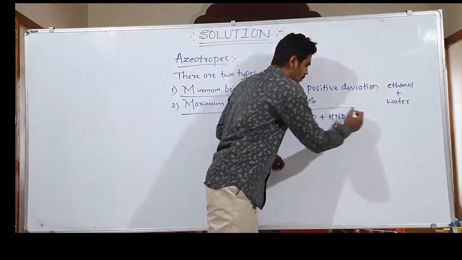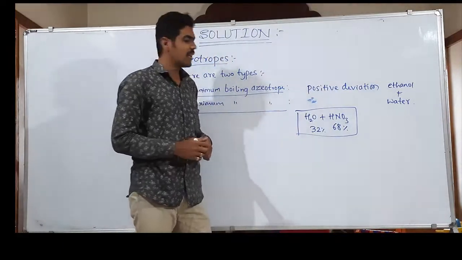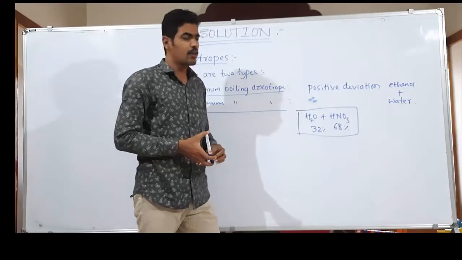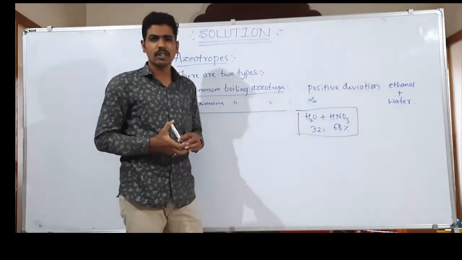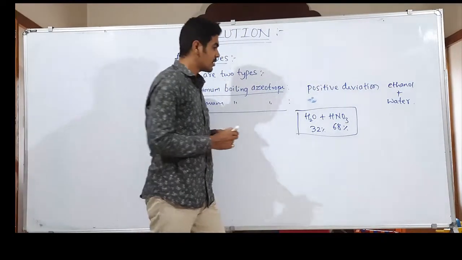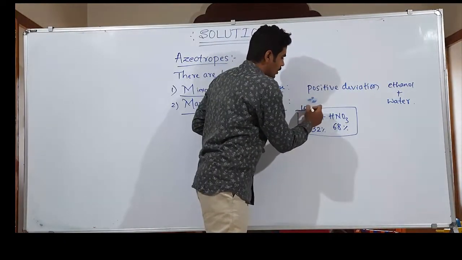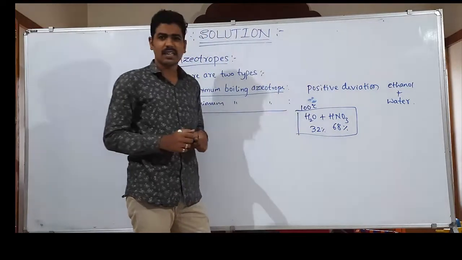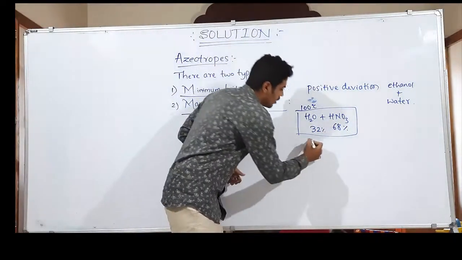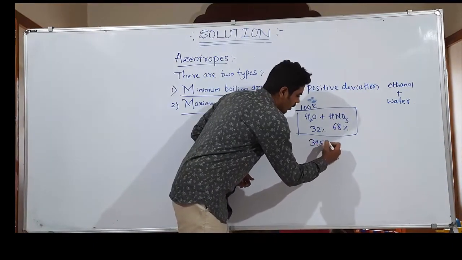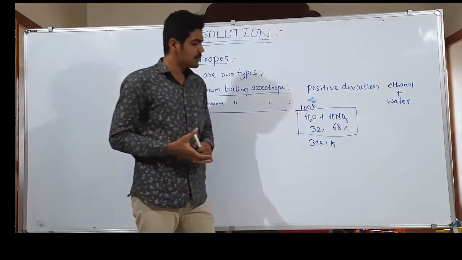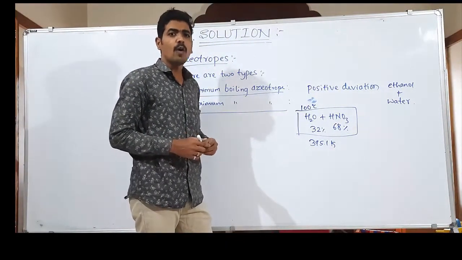So, when this composition has been reached, then the mixture will start to boil at a constant temperature. Both H2O and HNO3 will start to boil at a constant temperature. The boiling point of water is 100 degrees Celsius, but when they are combined with each other, the boiling point of the water and HNO3 becomes 395.1 Kelvin.